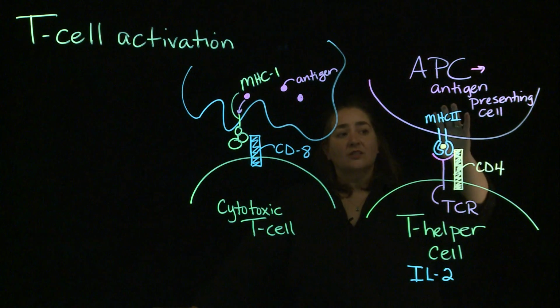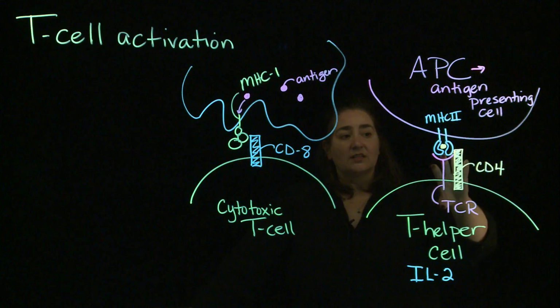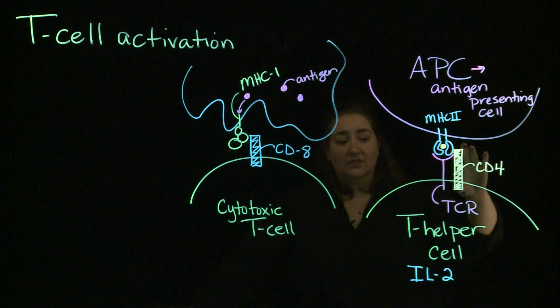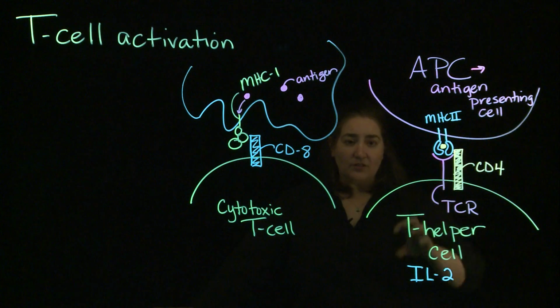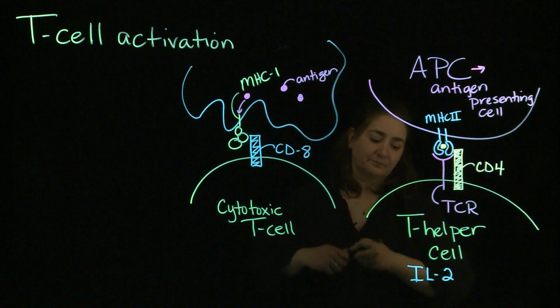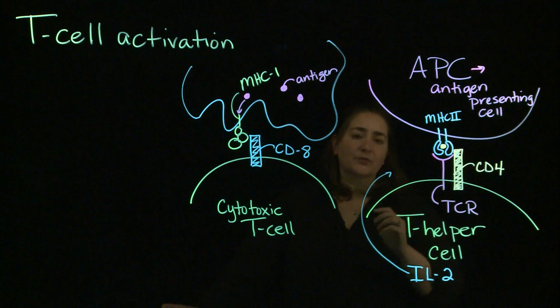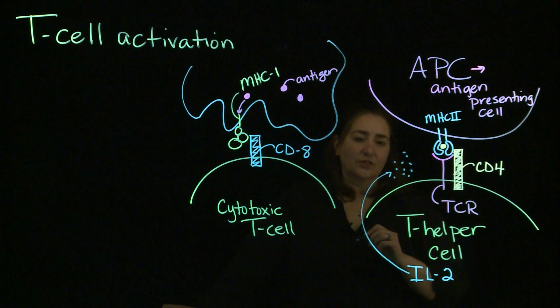That interaction is going to happen between major histocompatibility complex 2, the T cell receptor, and the CD4 on the outside of our T helper cell. Once all of that locks into place, that T helper cell secretes the cytokine interleukin 2.